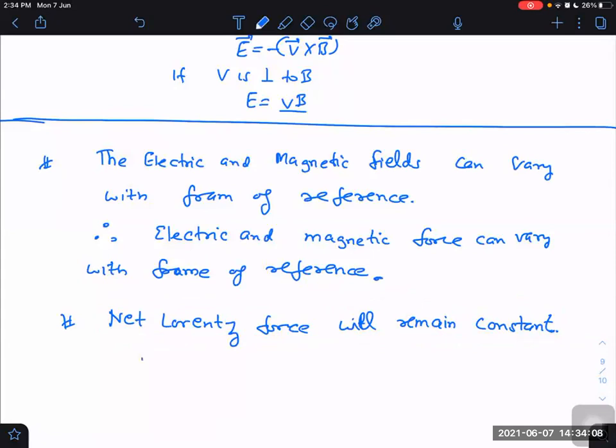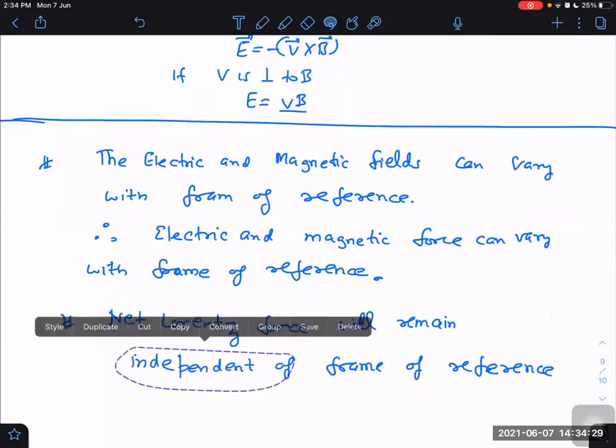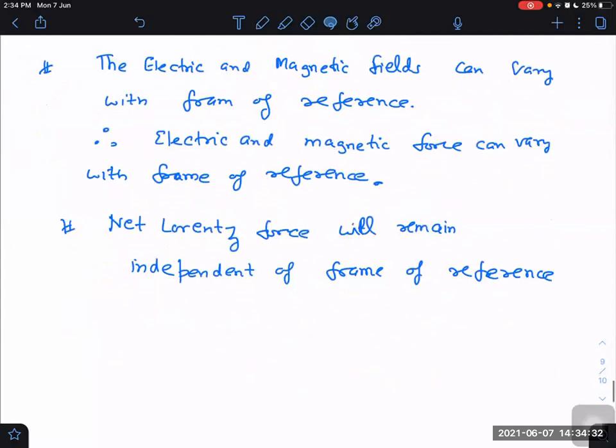Constant means independent of frame of reference. Rather than saying constant, I think constant is not appropriate. I should say independent of frame of reference. That will remain independent of the frame of reference.